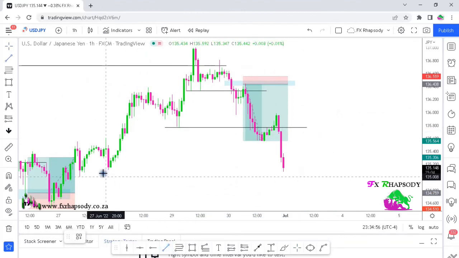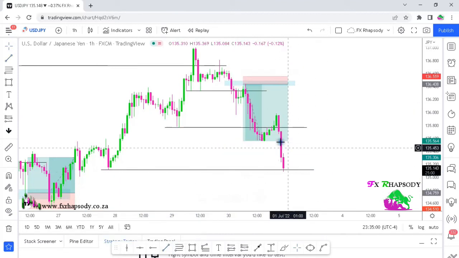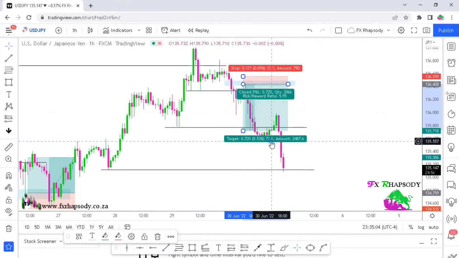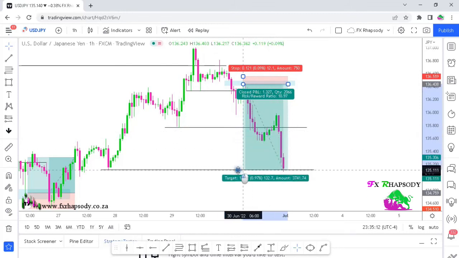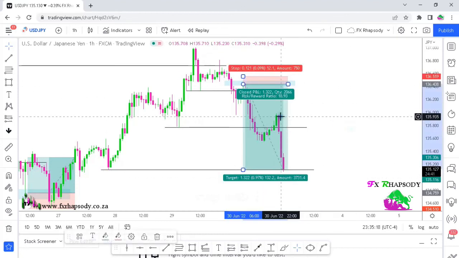These are the areas that price is going to be hunting. As you can see, your first target would have been over here, which is already a 72 pip reward for a 12 pip risk. You could have just held it on, and right about there is 132 pips for a 12 pip risk, guys.